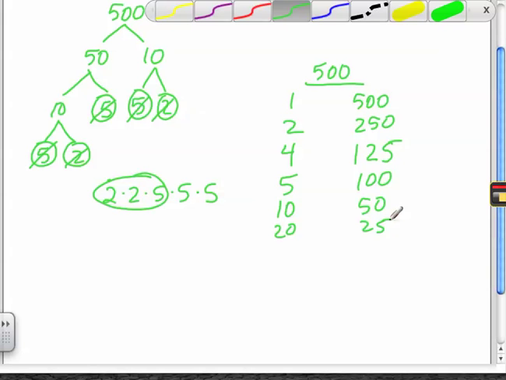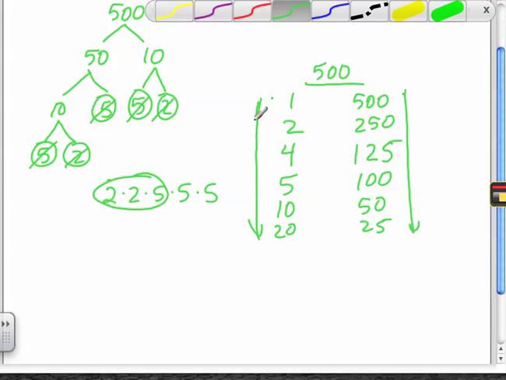Anything else? Guys, do you notice what's happening between these numbers and these numbers? What's happening between those two things? Cole? The higher the numbers on the left, the lower the numbers on the right. Yeah, do you see how they're getting closer to each other? This side started at 1 and this one started at 500.